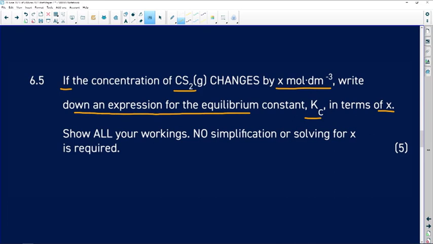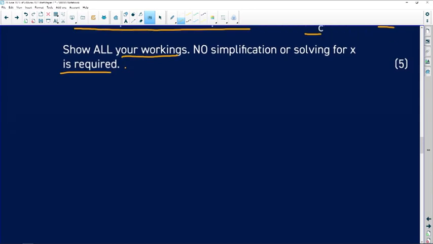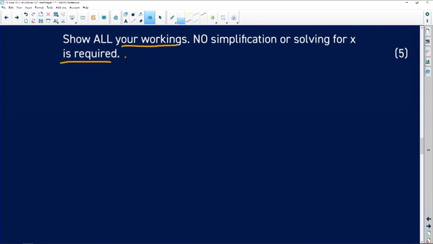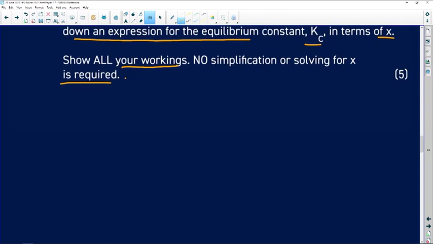We are told to show all our workings. We must not simplify, or solve for x. All right, where do we start? We must go to our table here and see if we can get the expression of Kc in terms of x.